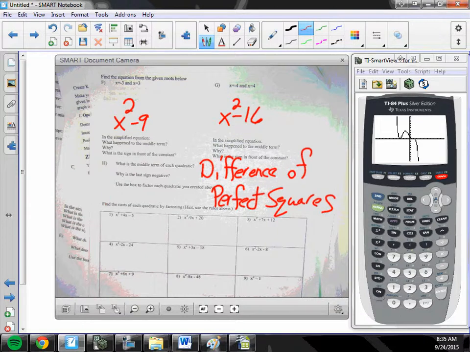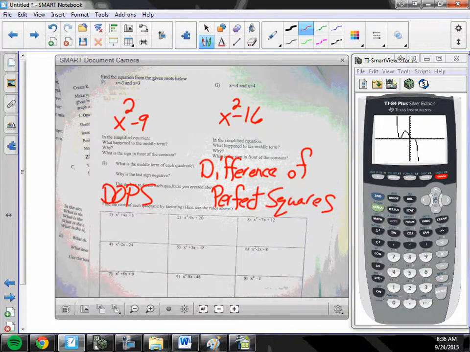Some people refer to it as a difference of squares quadratic. Why do you suppose they're called difference of perfect squares? They're perfect squares. You can square root both of them.